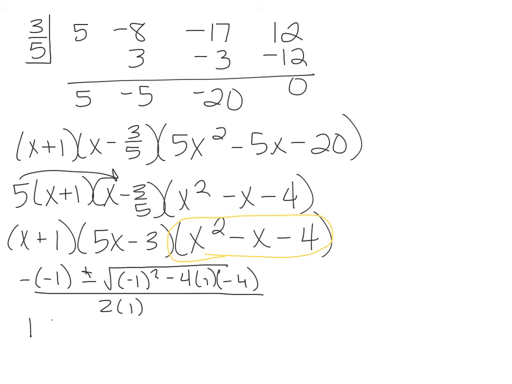So I have 1 plus or minus the square root of 1 plus 16, all over 2. So that gives me 1 plus the square root of 17 over 2 and 1 minus the square root of 17 over 2.